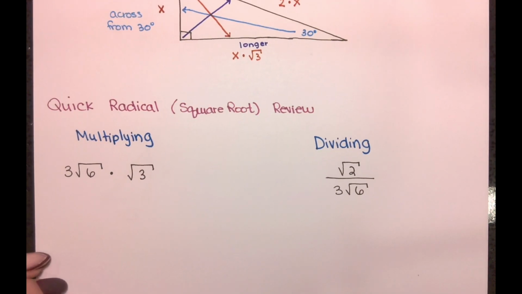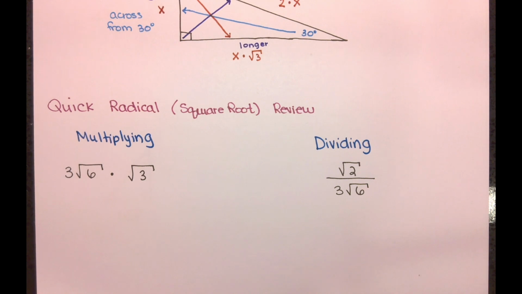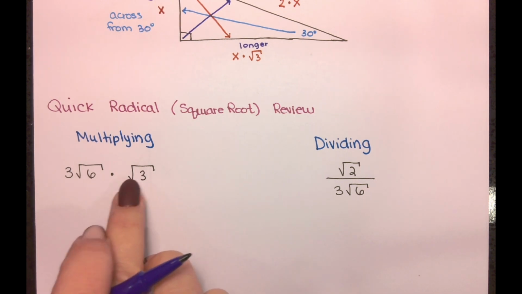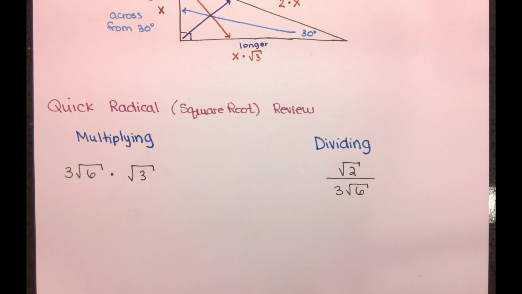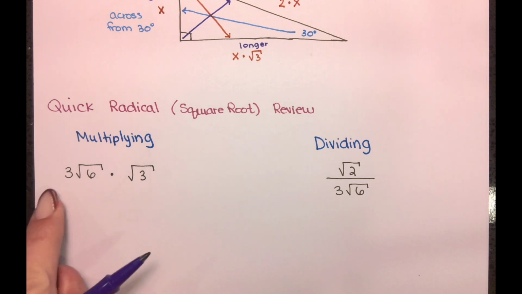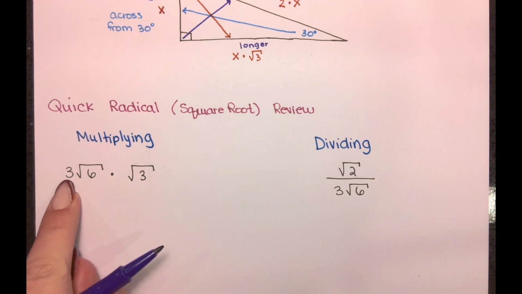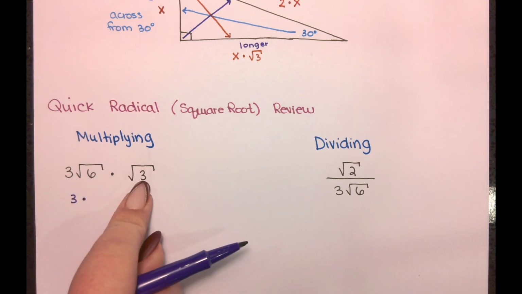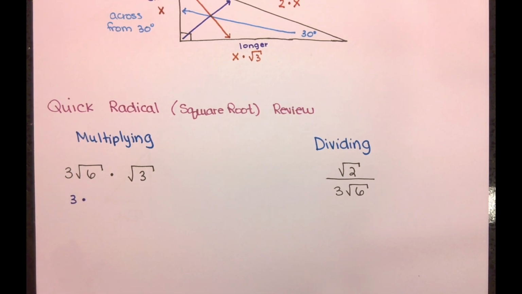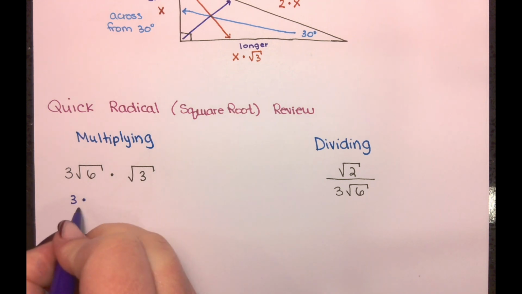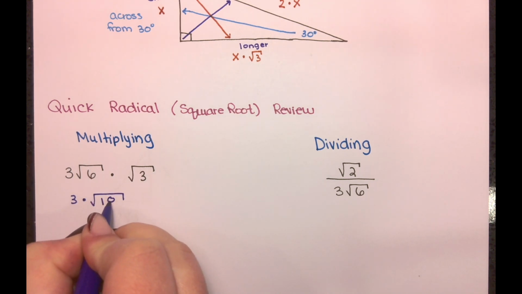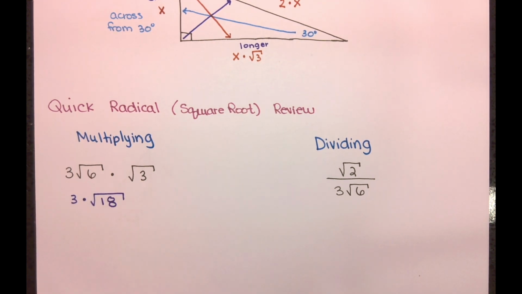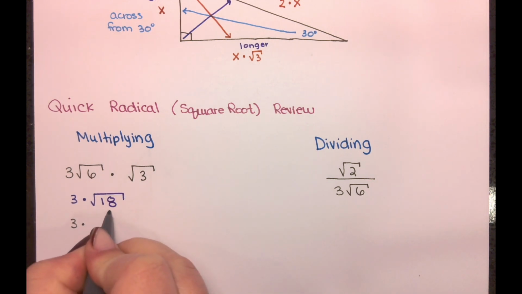Before we move on, let's go ahead and do one quick example of multiplying and dividing radicals that will come up. So when you're multiplying radicals, you can only combine the things that are inside of the house. If it's not inside the radical, like this 3 right here, you cannot combine it with anything else. So we have 3 times 6 times 3 is 18. And then you can refactor it and simplify it.